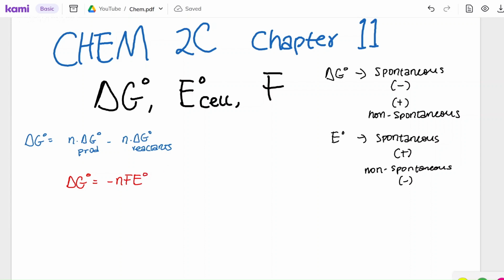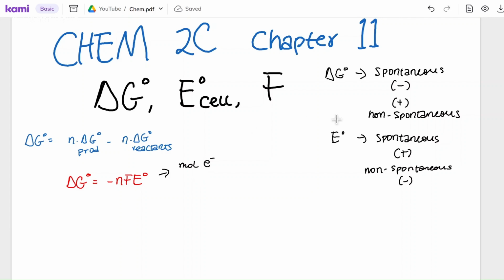What each of these means is, obviously, delta G0 means standard Gibbs free energy. Then the N, instead of the moles of the reaction, is actually the moles of the electrons, not the moles of the atoms.